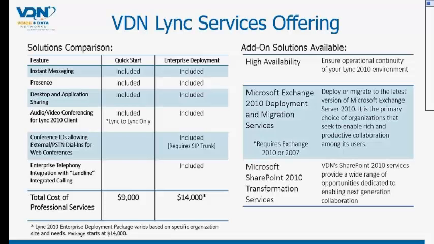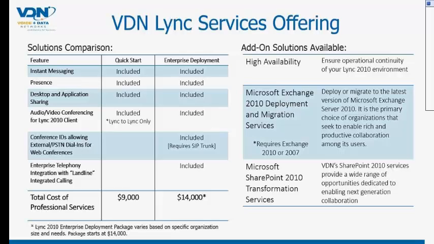Enterprise deployment will give you all of those things in addition to conferencing IDs and enterprise telephony, either integrated to your PBX, beside your PBX, or replacing your PBX, as the case may be. And then there are additional offers that we can add on to those in the way of Exchange Unified Messaging, SharePoint, load balancing services, and so on, as you might deem appropriate.